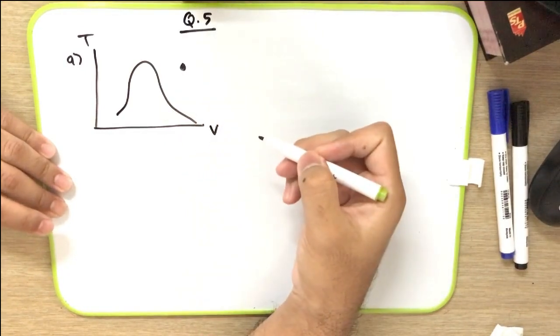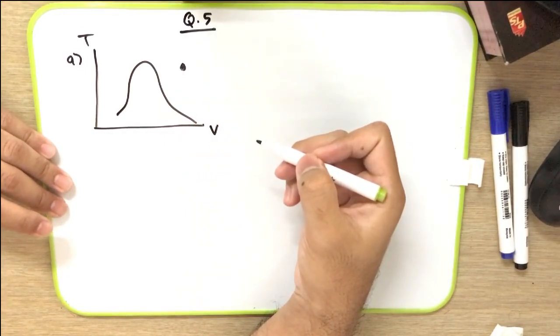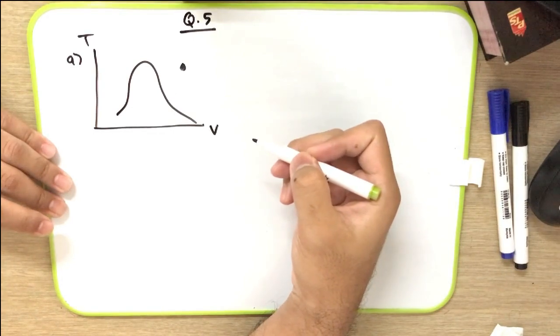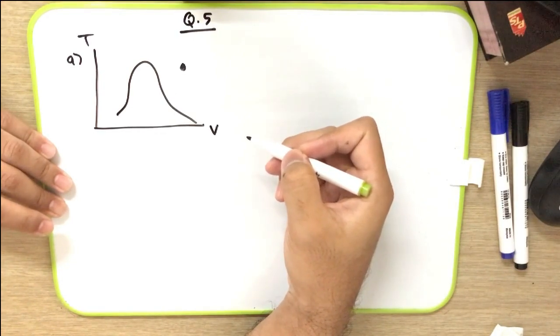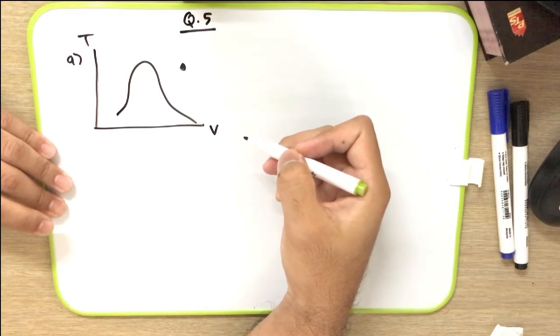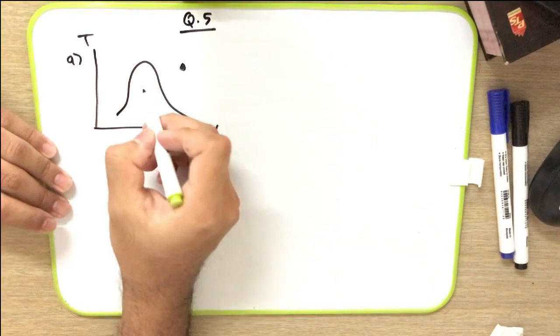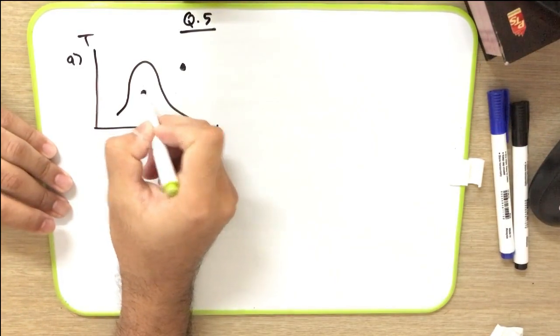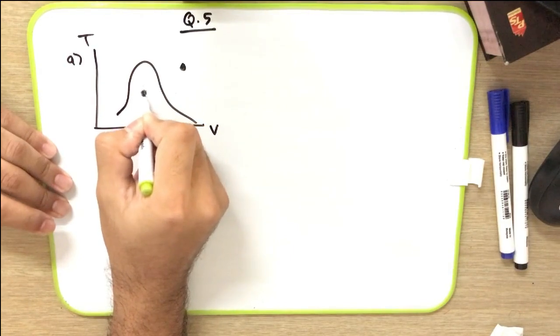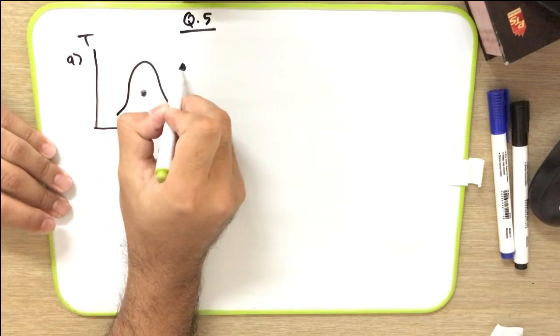It says that 1/2 of the mass is condensed, so at state 2 it will become a mixture, because 1/2 is vapor and 1/2 is liquid. So it is somewhere here. It will become like this.